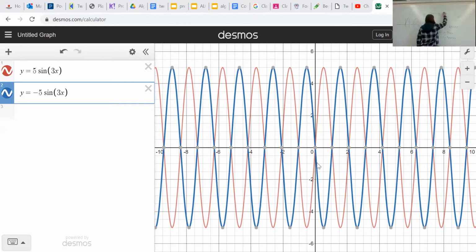So we go down, up, then back to the middle. The exact opposite of what you had before. So again, when we're starting with that negative sign, we now go from the middle down and then back up.